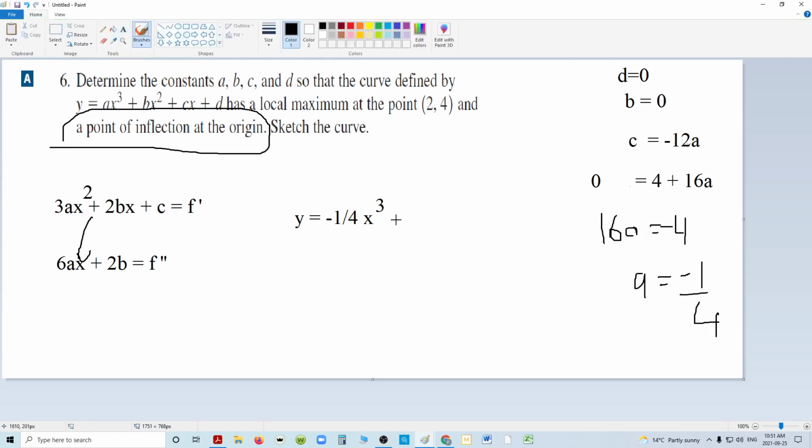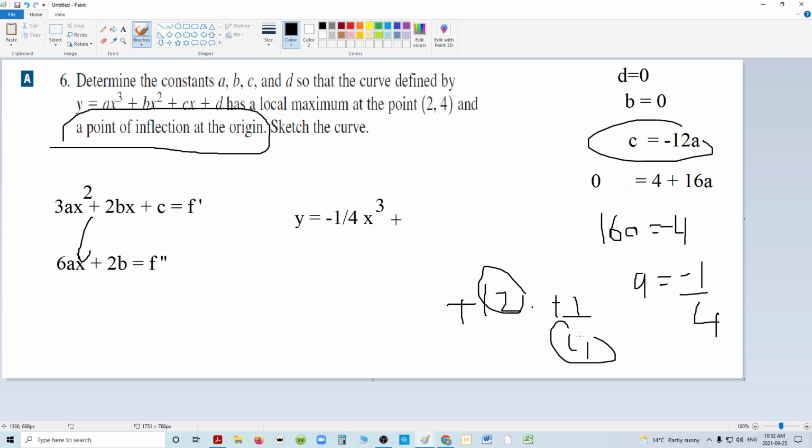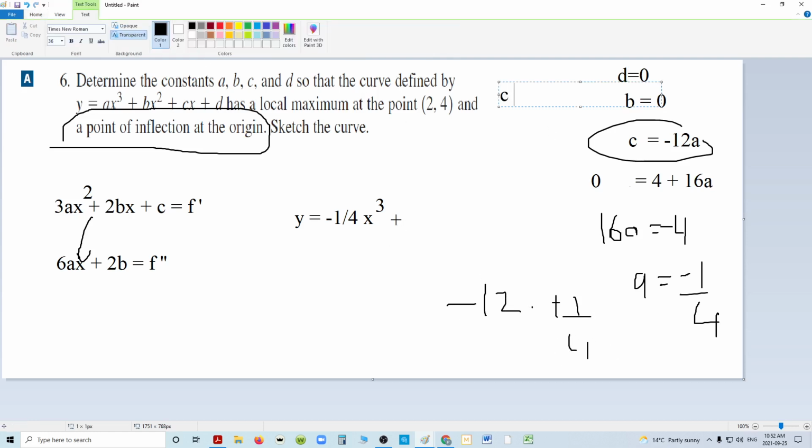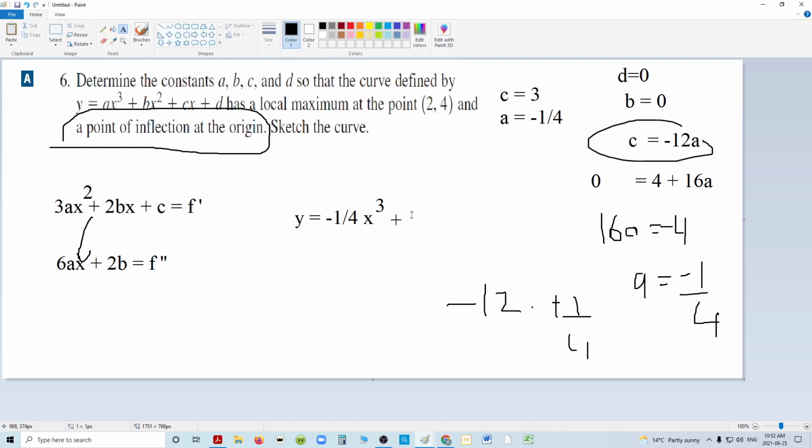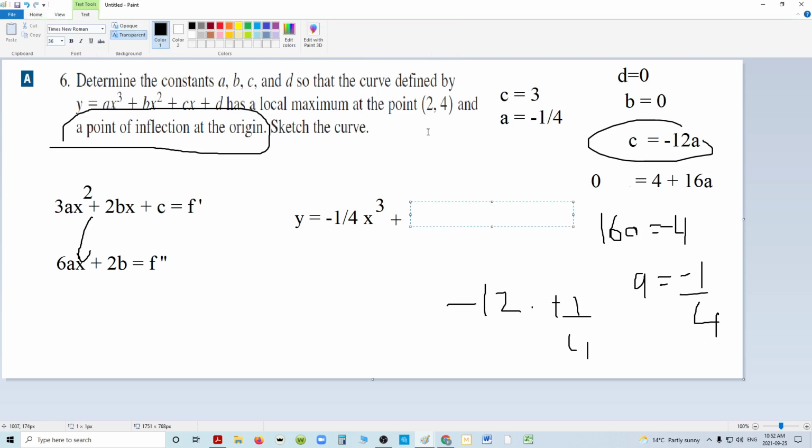What is c? c is minus 12 times a. So minus 12 times minus 1/4 becomes positive. 12 divided by 4 is 3. So we determine that c is equal to 3. If my calculations were right, even if they were wrong, this is the correct way to do it. And suddenly we have the last term, which is 3x.